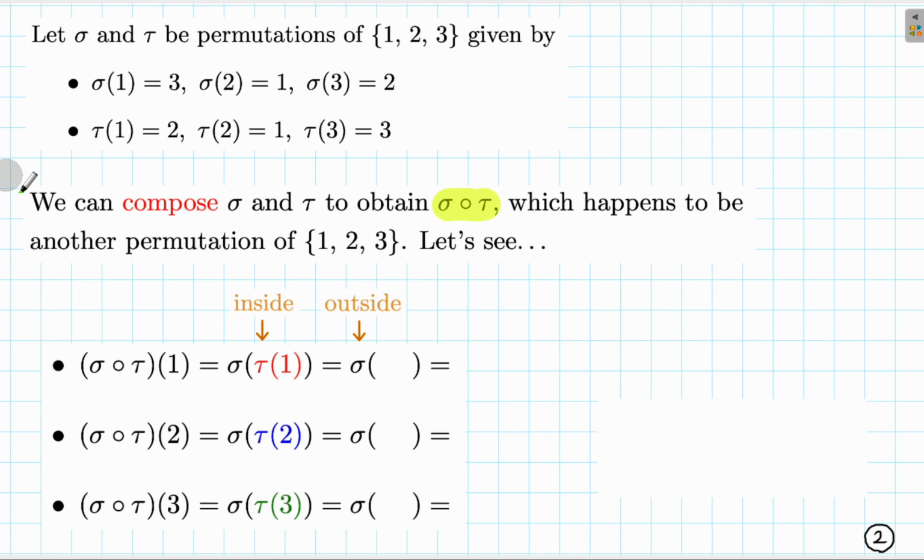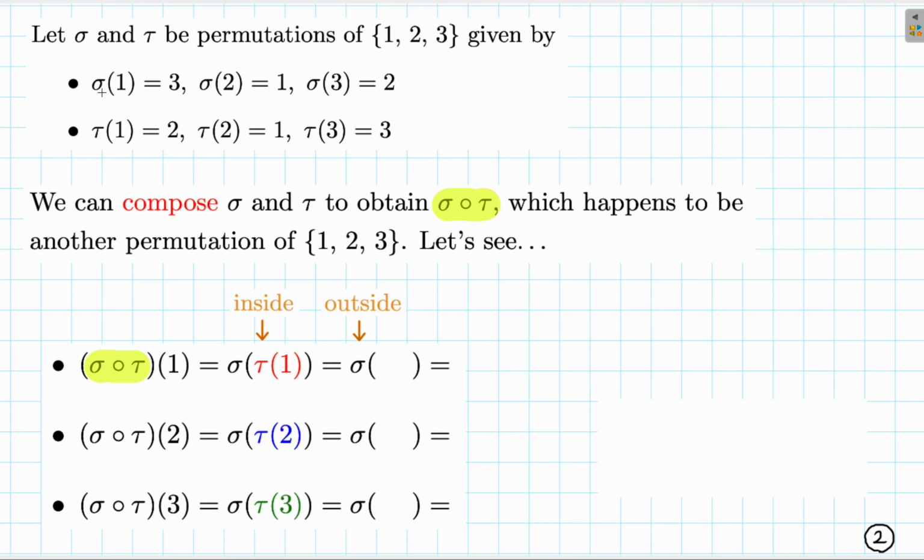We have this composite function, sigma composed with tau, and let's see how that acts on the input 1. Sigma composed with tau of 1 is the same as sigma of tau of 1. And notice tau is the inside function here.